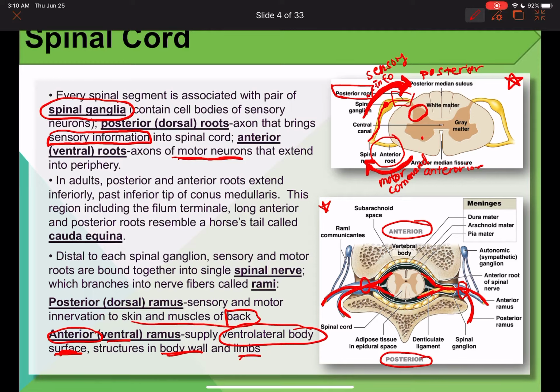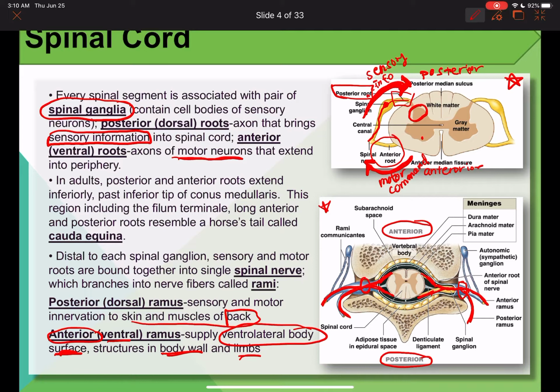Remember that this is the anterior ramus, this is the posterior ramus, and it splits from the single area, and then it goes into the spinal cord either through the posterior roots for sensory information, or motor information coming out in the anterior root of the spinal cord.